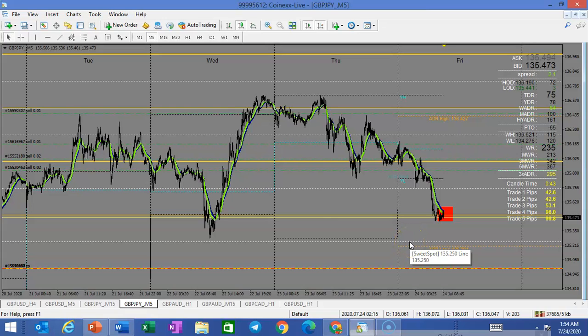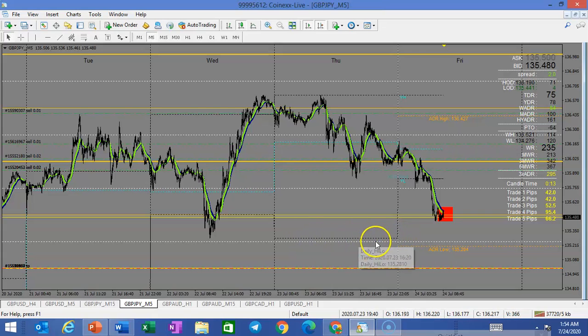We also have a midpoint, a sweet spot midpoint where the white tracer is at 135.250. That also kind of coincides with the Wednesday low of the day, indicated by this black tracer.